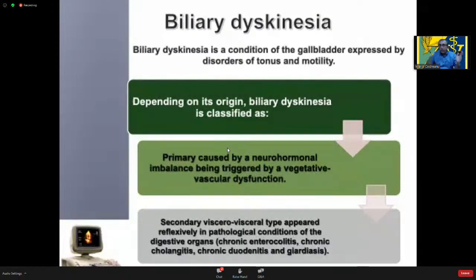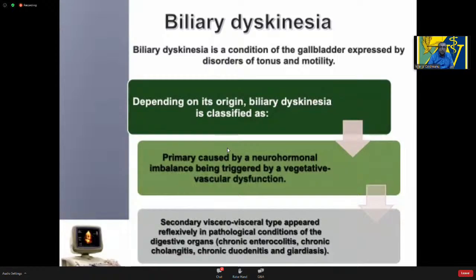Of course, depending on its origin, this biliary dyskinesia can be classified as a primary one, caused by neurohormonal imbalance, being triggered by different vascular or vegetative dysfunctions.